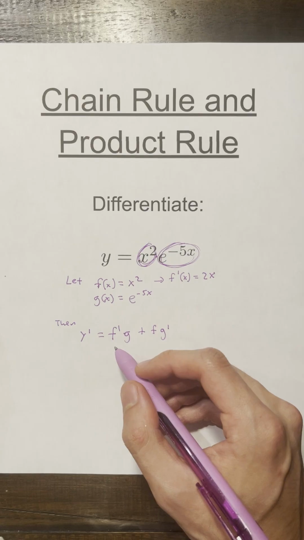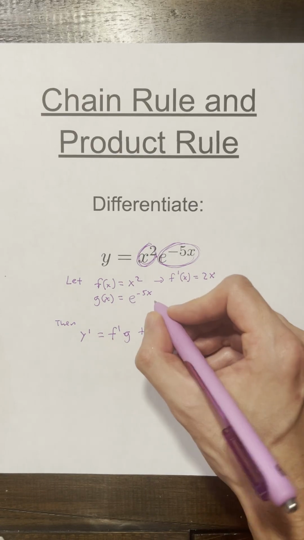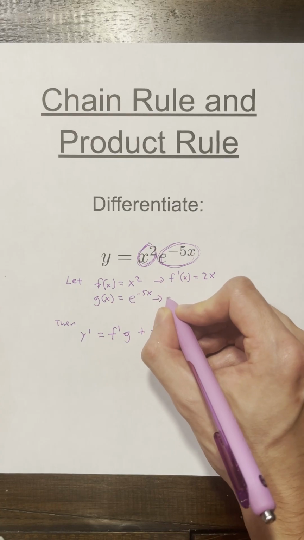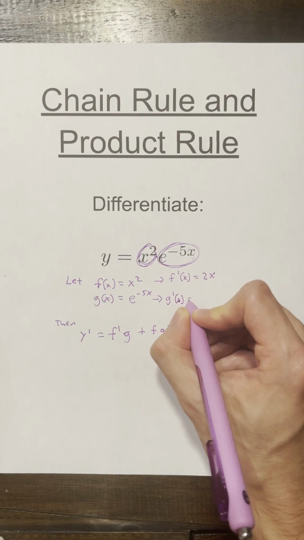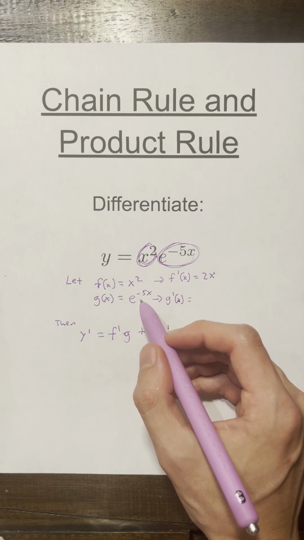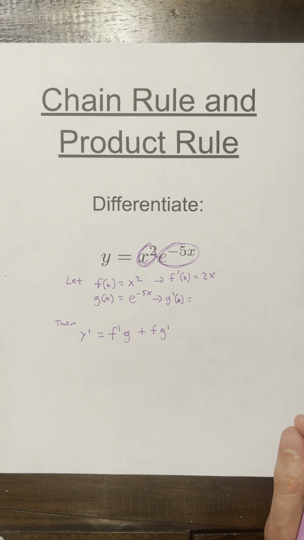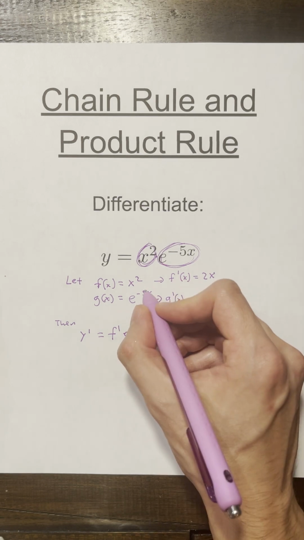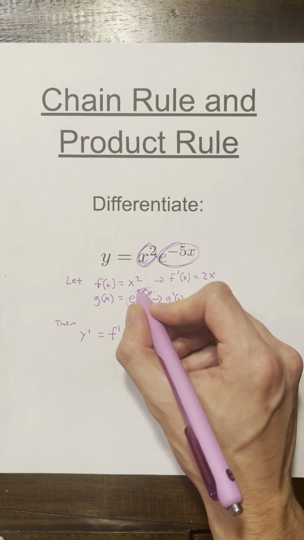So that's f prime. We might as well find g prime as well because we're going to use it in a second. What's g prime of x? So we're going to use what rule to find g prime? So we see a function inside of another function.